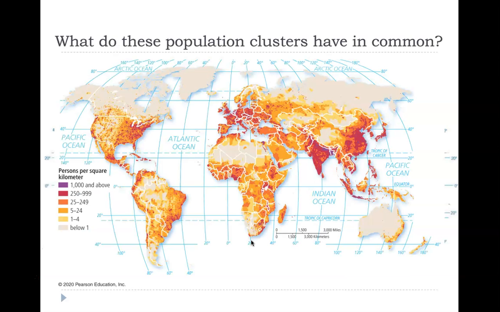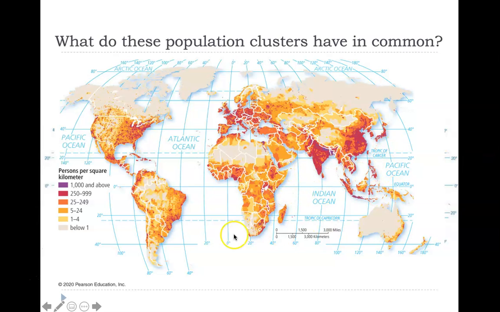All right. So what do these population clusters all have in common? Well, we can look and we can see a clear tie to coast, right, which provides not only transportation systems and trade routes, but also a source of food in fishing. We can look at near water, fresh water, not ocean water. So you'll see ties there.